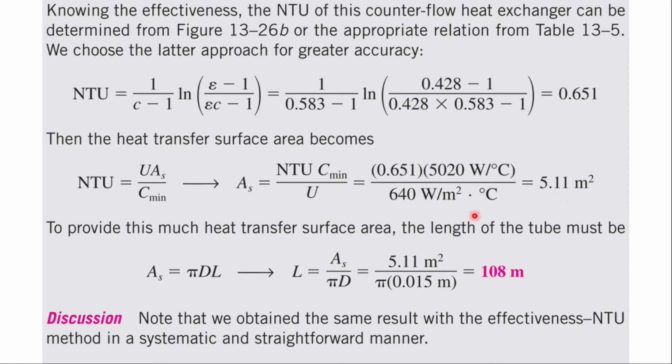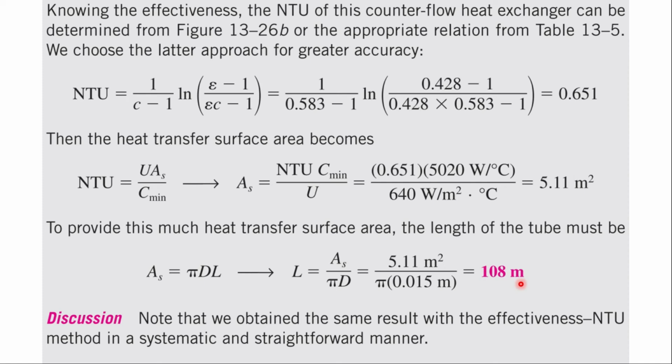After opening the surface area formula, which is equal to pi D L, we separate the length of the heat exchanger on one hand side and all the remaining parameters on the other hand side, because we are given the diameter of the inner pipe of the heat exchanger, right? After putting the values, we get the length of the heat exchanger, which is 108 meters. So we have obtained the same result that we determined in the previous example.